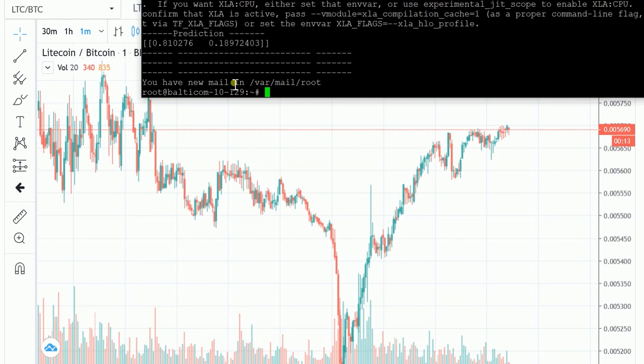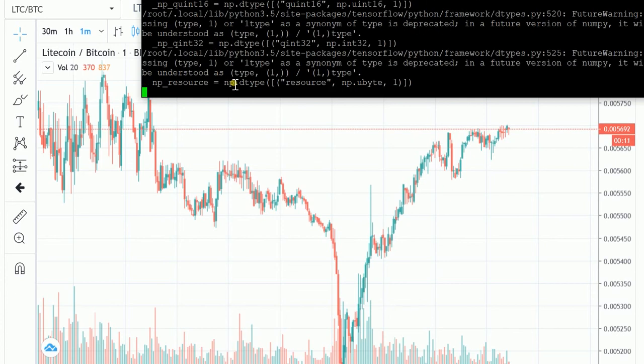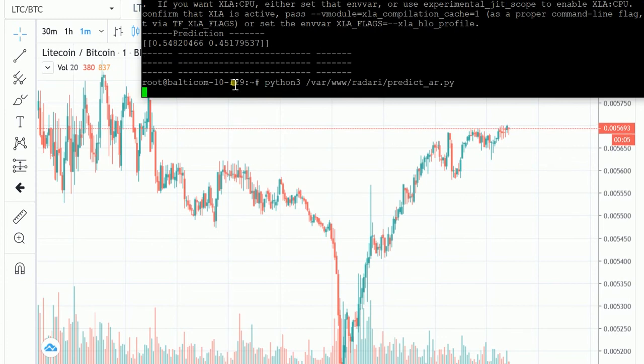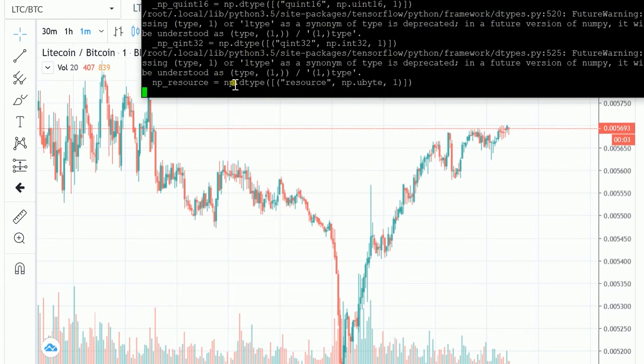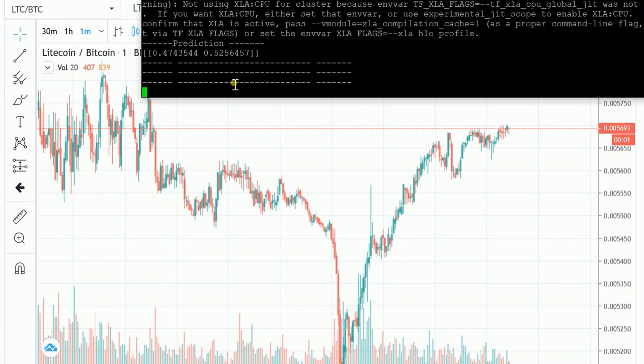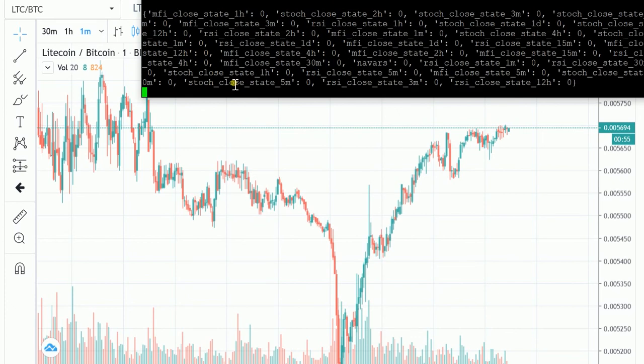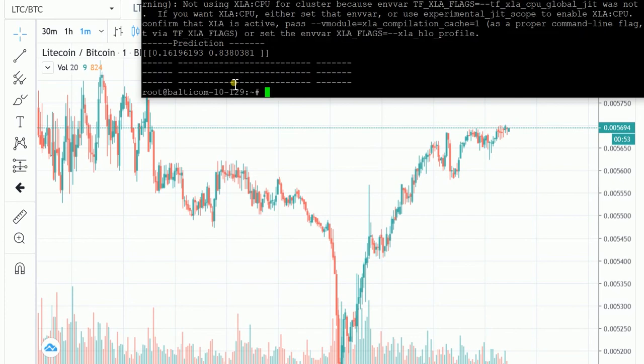As you can see, it's pretty much changing on each value, because when the price moves a little bit upwards or downwards, it has a different prediction. So basically what I'm thinking is, overall it's telling that the first parameter is always the highest one.